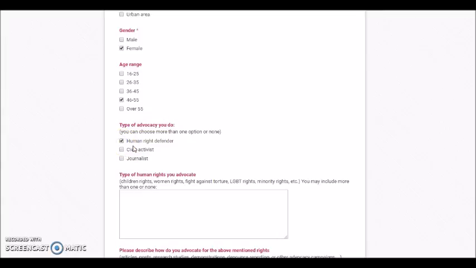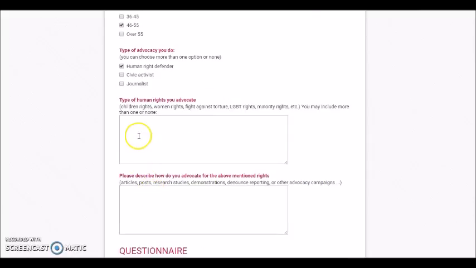She's a human rights defender, that is the type of advocacy she does. She could have been a civic activist or journalist. If she or he is neither of these options, you just skip it. Type of human rights they advocate, here you just need to include the type of human rights.